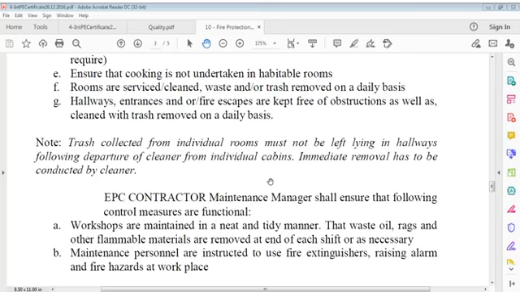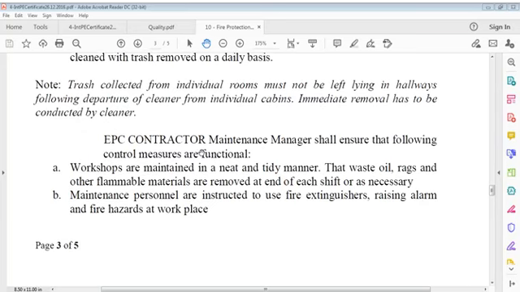Hallways, entrances and fire escapes are kept free of obstructions as well as cleaned with trash removed on a daily basis. Trash collected from individual rooms must not be left lying in hallways following departure of cleaner from individual cabins. Immediate removal has to be conducted by the cleaner.